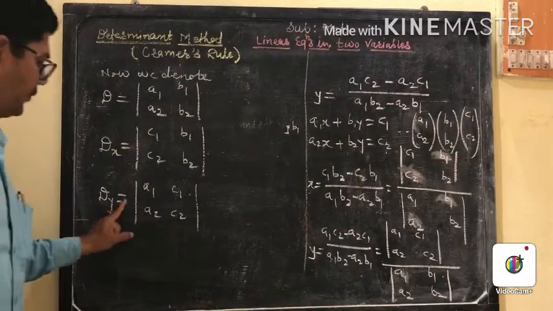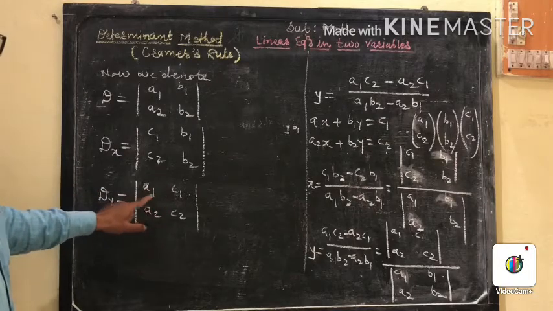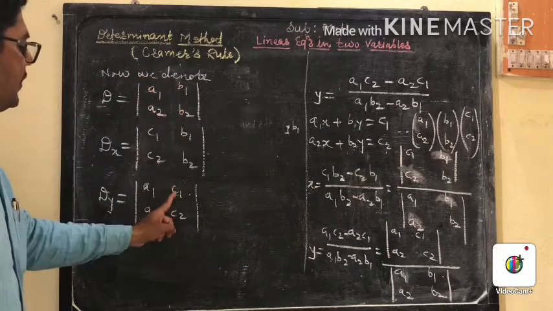Now for Dy, in the determinant of D, b1 b2 is replaced by c1 c2.